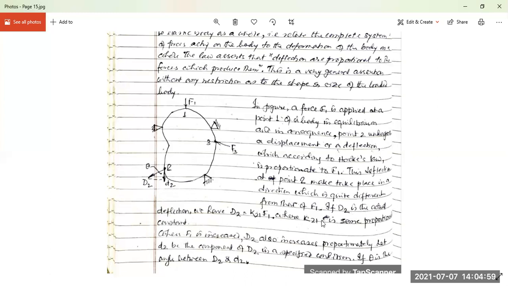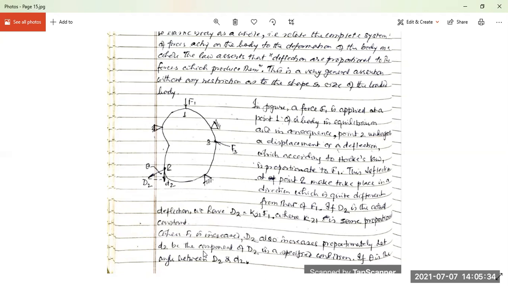If D2 is the actual deflection, we have D2 equals K21 into F1, where K21 is the proportionality constant. When F1 is increased, D2 is also increased proportionally.